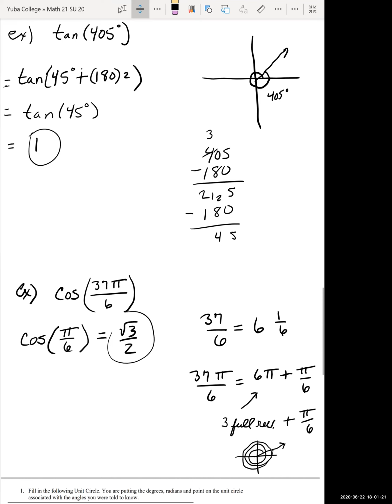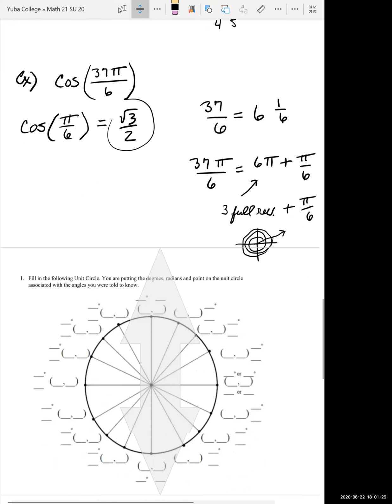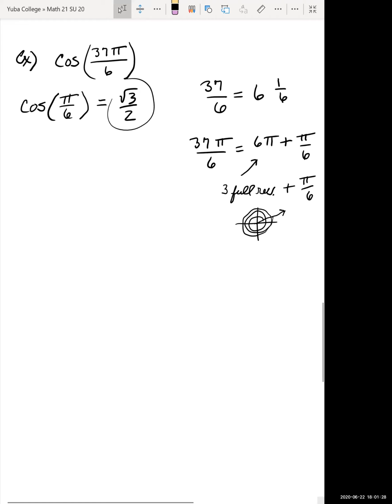Professor? Mm-hmm. So like on the homework, I think 7.3, it's actually a negative. So it's like negative pi over 4. And it says like find the reference angle.